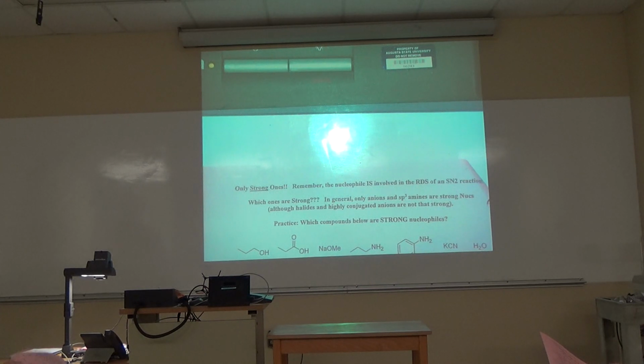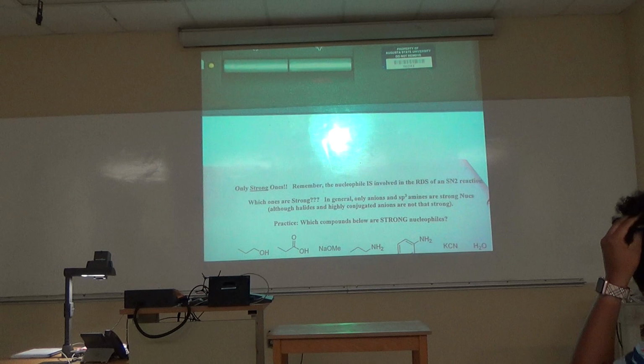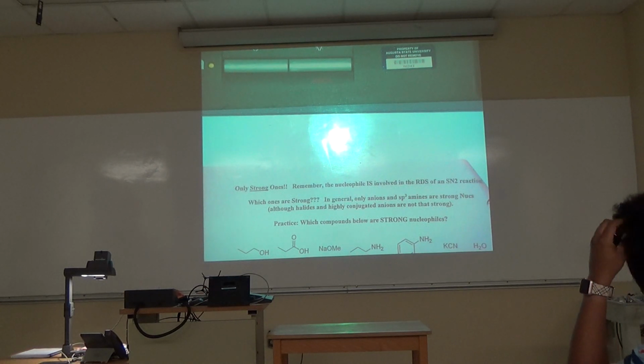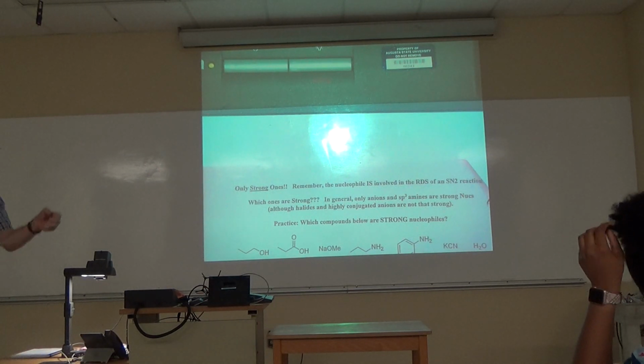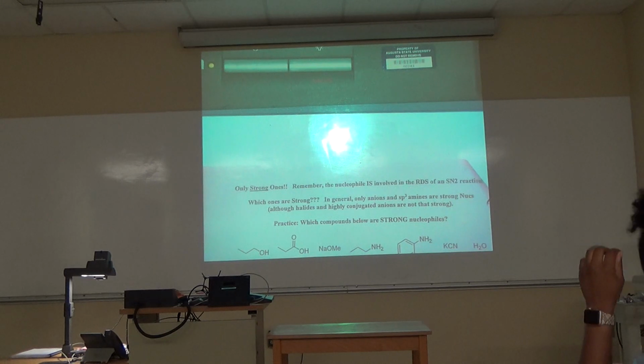Because strong nucleophiles are also bullies. They're going to stick their nose in there. Here I come. I'm not waiting on you to ionize. Here I come backside. Boom, kick you off. The weak nucleophile will not do that. And thus, the only thing that can happen is the ionization.